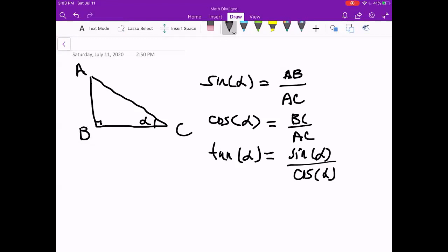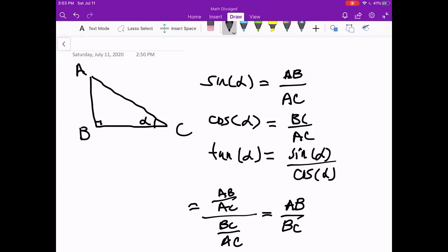So if we divide these two, that's equal to AB over AC divided by BC over AC, and this will just give us AB over BC. So this tells us that tangent is defined as the leg that is opposite of the angle alpha, which is AB, divided by the leg that is adjacent to the angle alpha, which is BC. And these are your three most basic trigonometric functions.